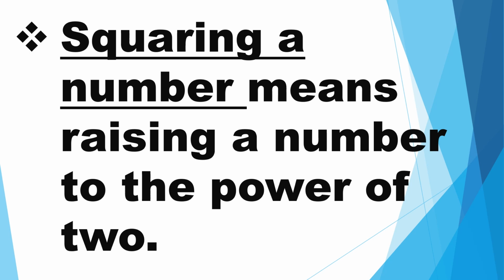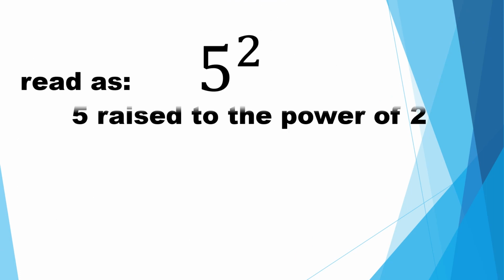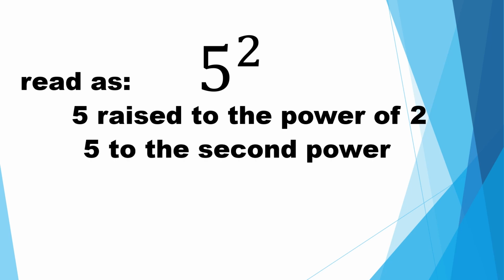Squaring a number means raising a number to the power of 2. This example reads as 5 raised to the power of 2, or 5 to the second power, or 5 squared.